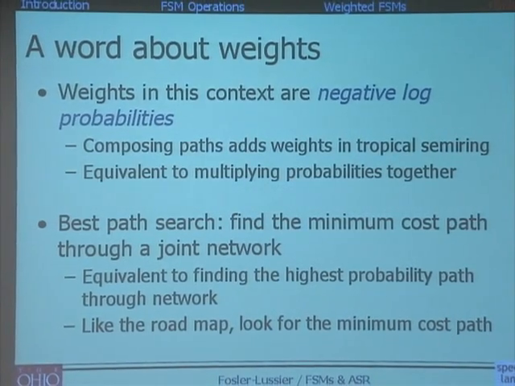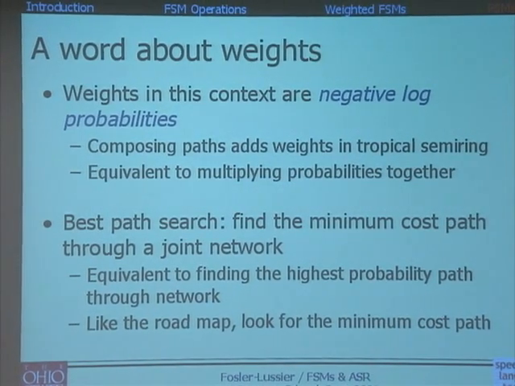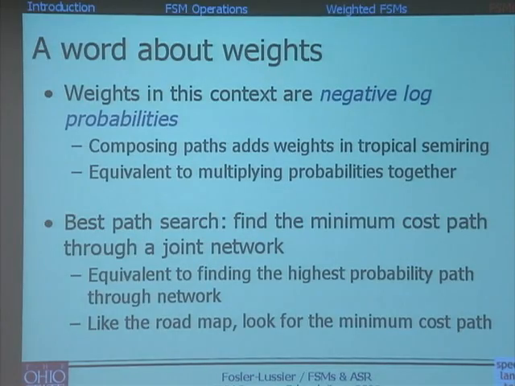Now the weights in this context are going to be negative log probabilities, for the reasons I was talking about before. It's mostly for scalability, so that you can represent the probability of an entire sequence. When you compose, basically you're adding the weights of different paths together, right? What does that do?